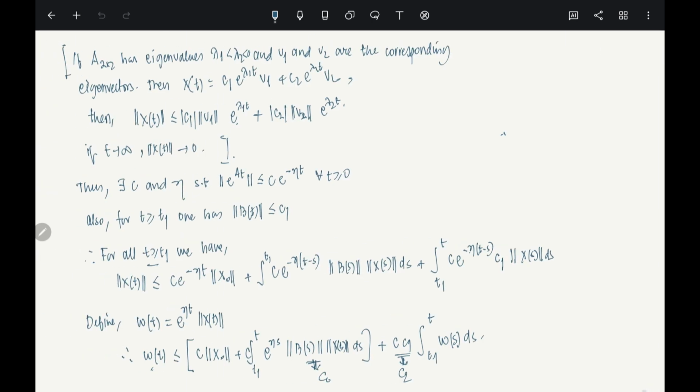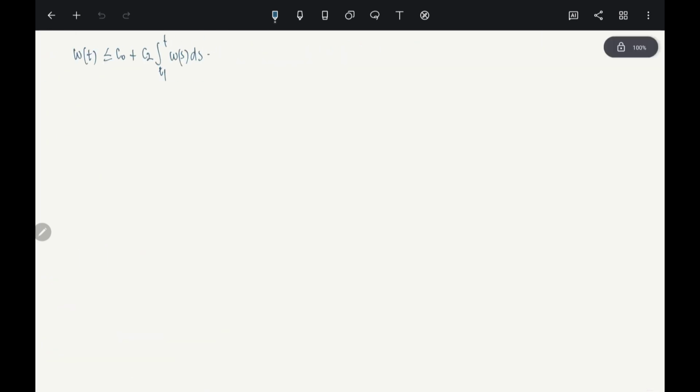I hope I wrote it correctly. Yeah, I can say that. Now of course again using Gronwall's inequality, as I told you, Gronwall is very, very important. This is one of the reasons we have w of t dominated by C naught times exponential C2 (t minus t1).